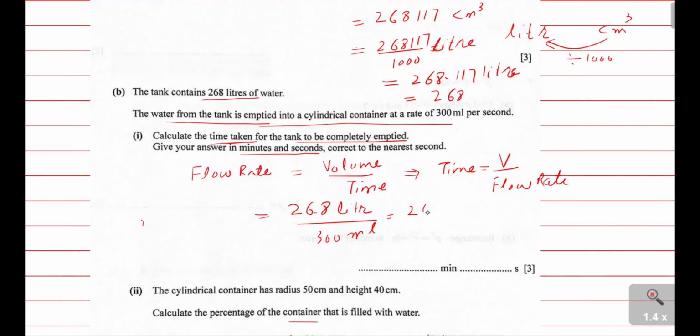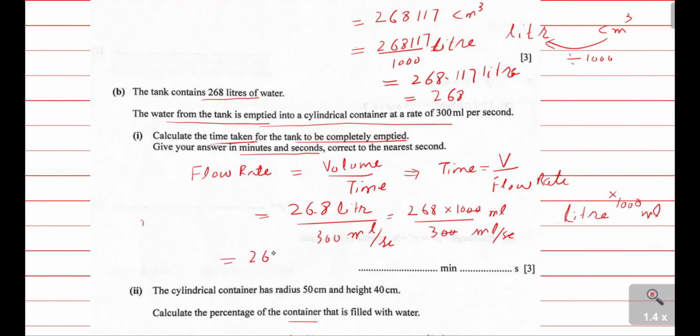To convert liters to milliliters we multiply by 1000 because 1000 milliliters equal 1 liter. When we convert a bigger unit to a smaller unit, we multiply. Therefore, we multiply by 1000, and this is 300 milliliters per second.